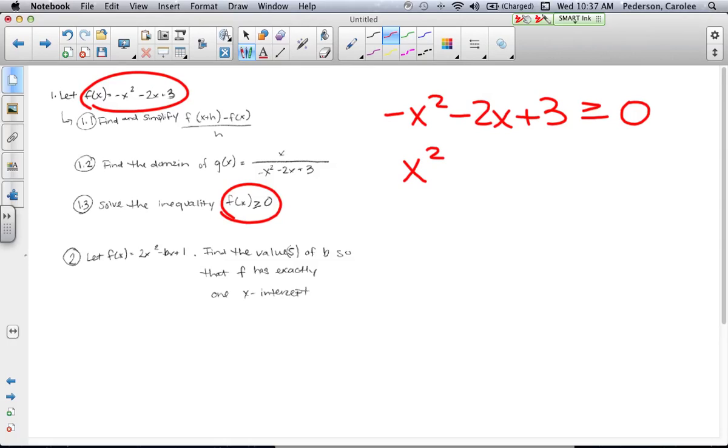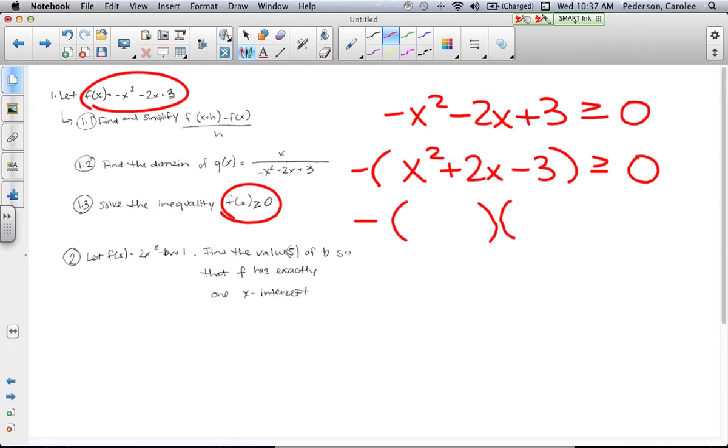So you get a negative 1 out, x squared plus 2x minus 3, and then greater than or equal to 0. And then you would factor it like we were doing before. And you say, what are the factors of 3 that add to 2? And then you would set each piece equal to 0.